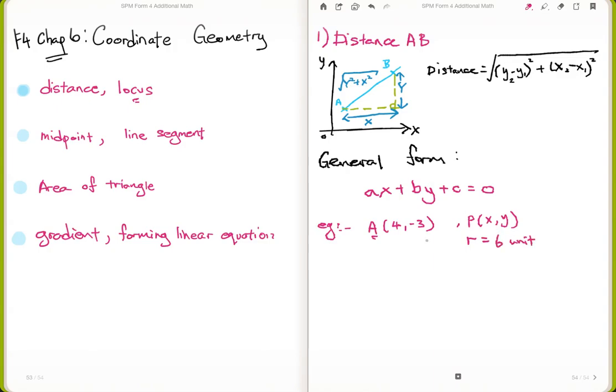Now what does it mean with this kind of question? I mean, you have a point, maybe A is (4, -3).